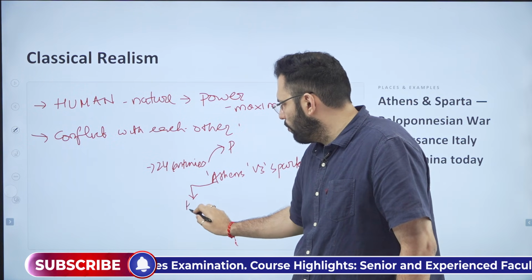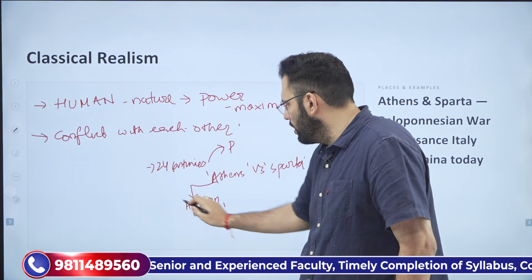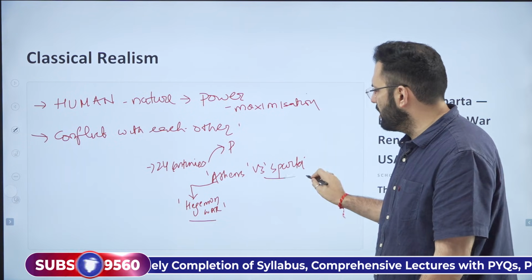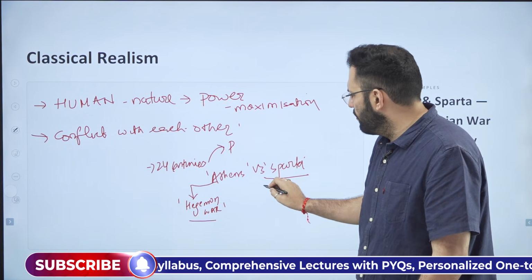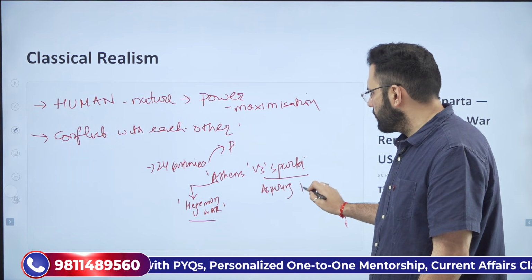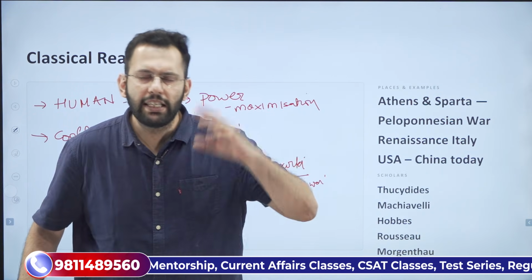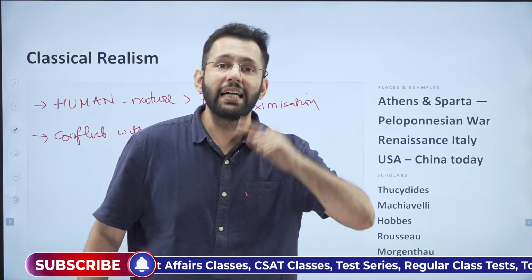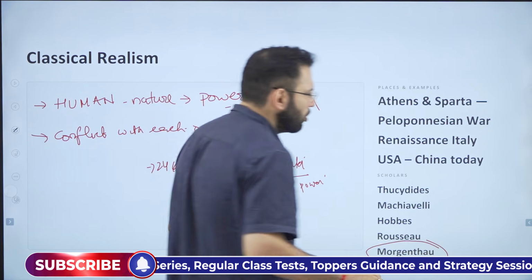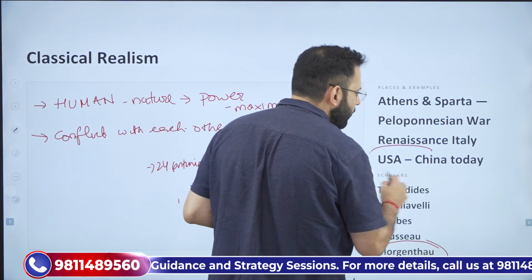Athens was the hegemon of the region at that point of time, and it was challenged by the aggressive rise of Sparta, which was an aspiring power. So it was a conflict between Athens versus Sparta. This model has also been supported by classical realist scholars like Hans Morgenthau, whom we have also seen in the last lecture. Today also it reflects the rivalry between USA and China.